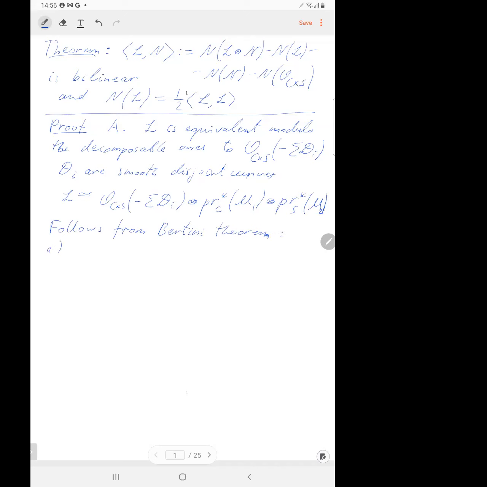So, well, first note is that there is a very ample line bundle on our surface of the form, let me just say, there is a very ample decomposable line bundle on our surface.